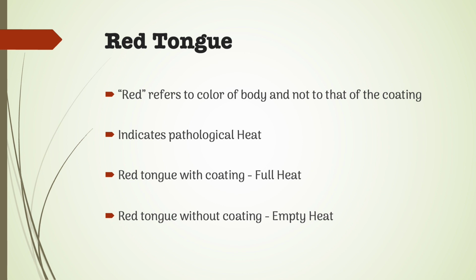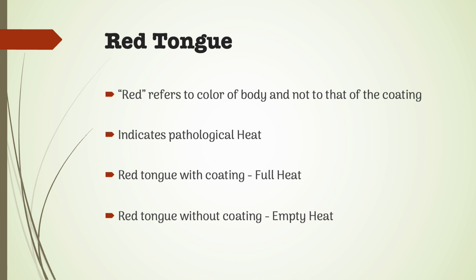A red tongue indicates pathological heat. The first question we need to ask ourselves when confronted with a red tongue is, does it have a coating or not? A red tongue with coating indicates full heat, while a red tongue without coating indicates empty heat.